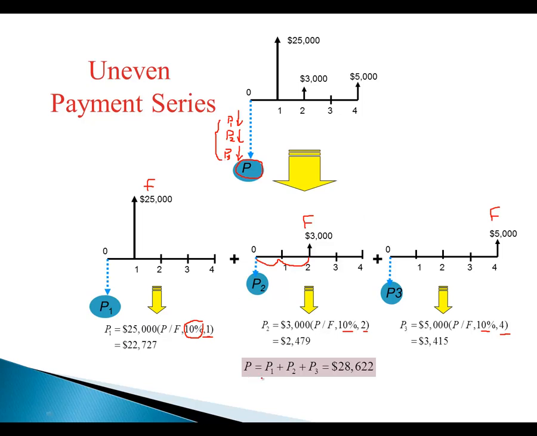That means that P is equal to, adding all these values together, $28,622. And this is the amount that we need to deposit today to be able to get 25,000 the first year, 3,000 the second year, and 5,000 the fourth year.